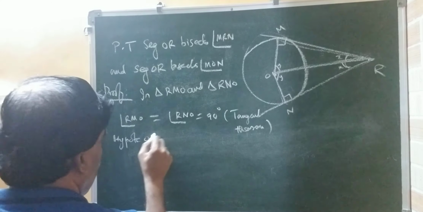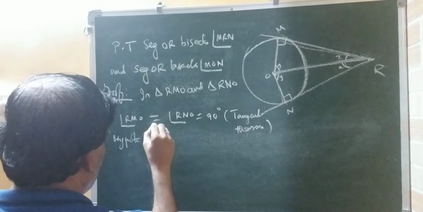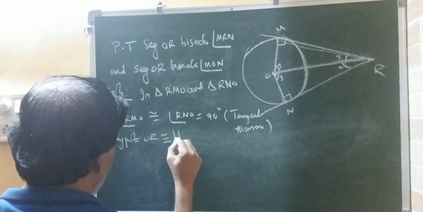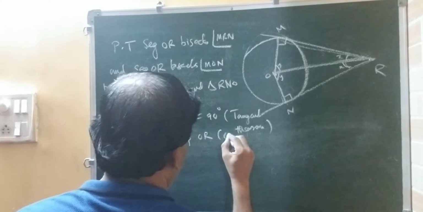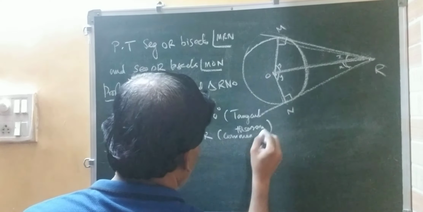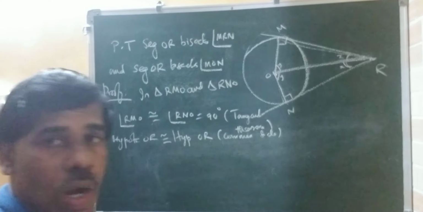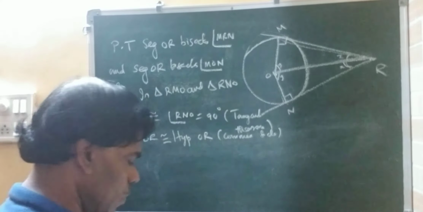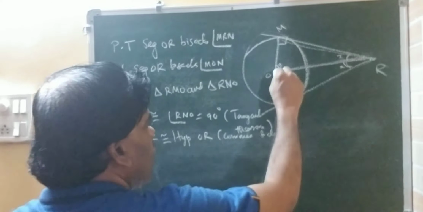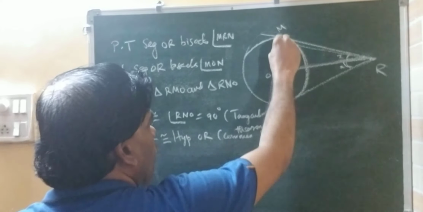Hypotenuse OR is congruent to hypotenuse OR, because that is a common side. It appears in both triangles. Now the third one is what? ON and OM.